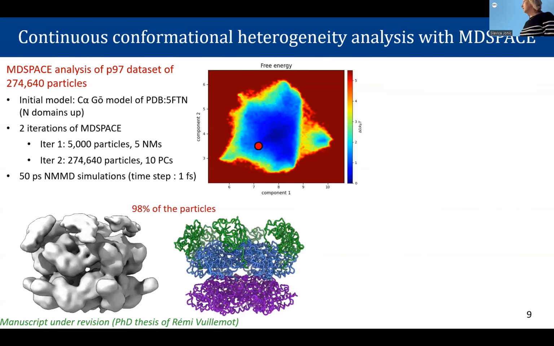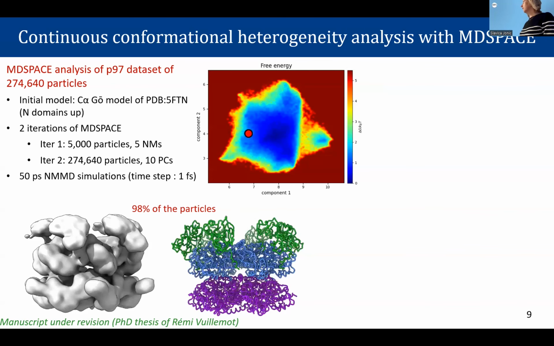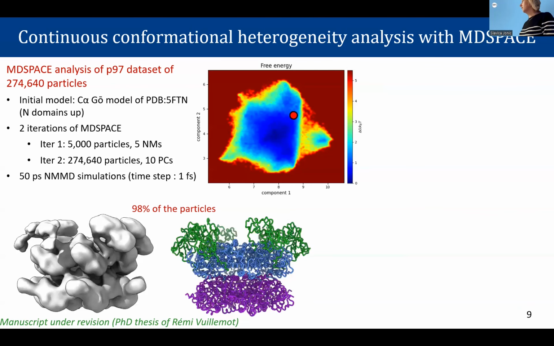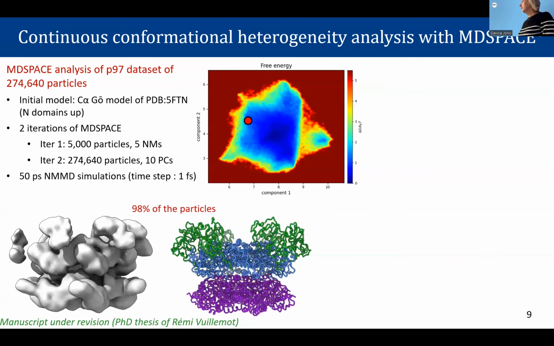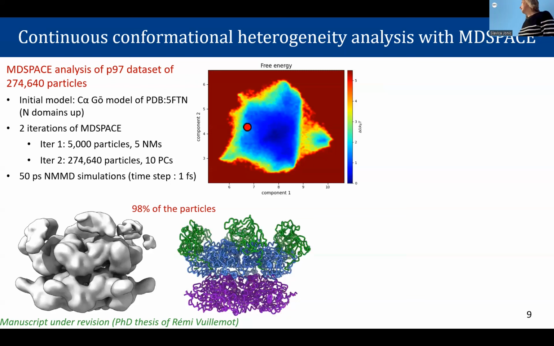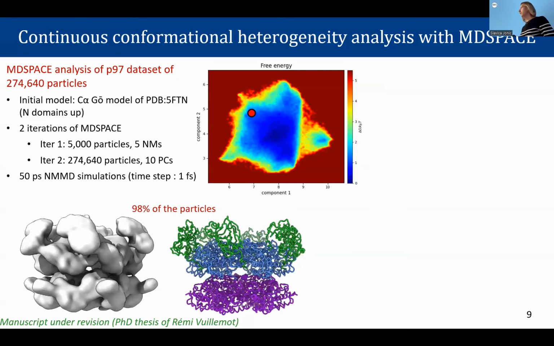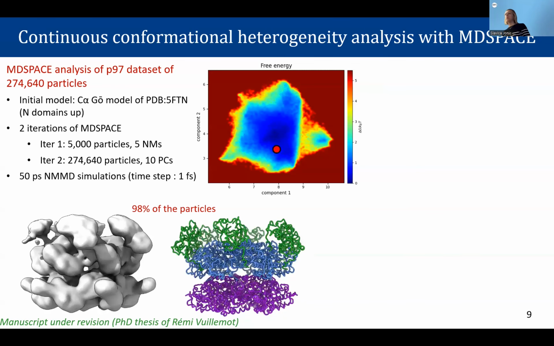So now we found out that 98% of particles are here in this region at the left, and they have the two rings D1 and D2 that are parallel, and these end domains are moving a little bit, so they can move a little bit independently from each other.